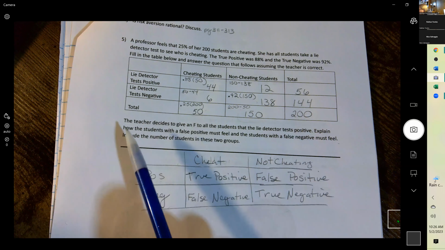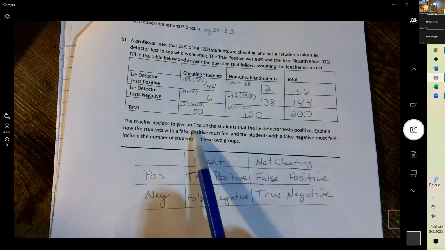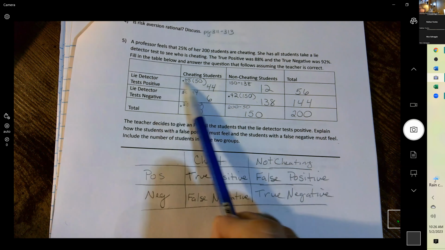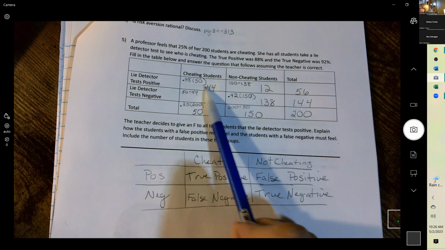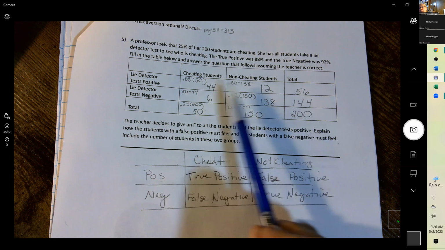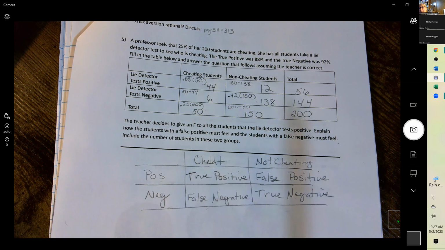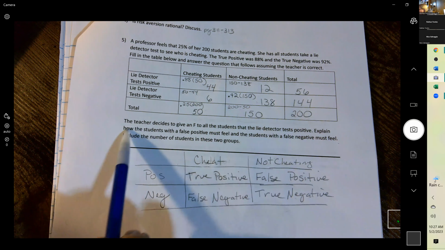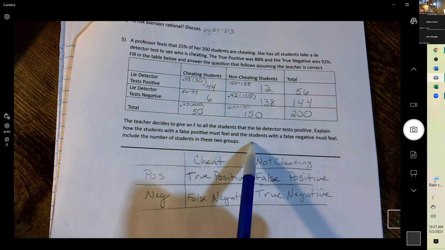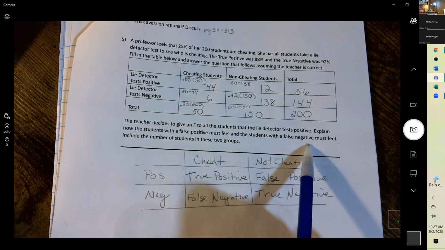Now it says the teacher decides to give an F to all the students the lie detector tests positive. So testing positive, all of these students, 44, 12, 56 of them. So if you tested positive, you're getting an F. Explain how the students with a false positive must feel and the students with a false negative.